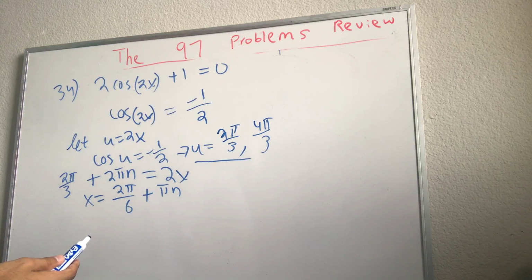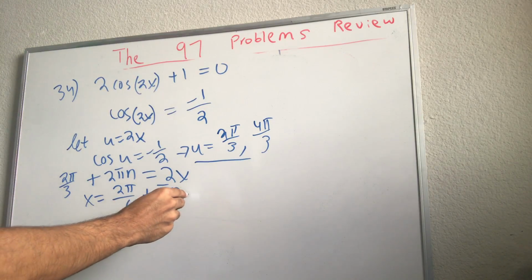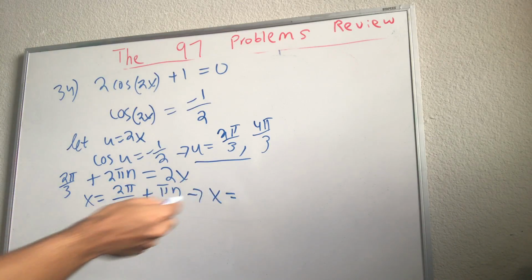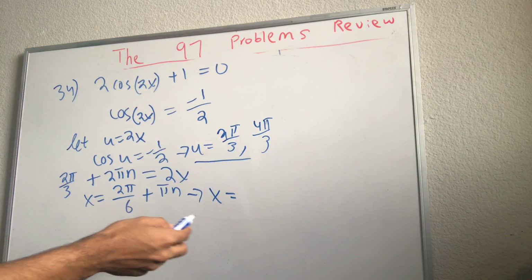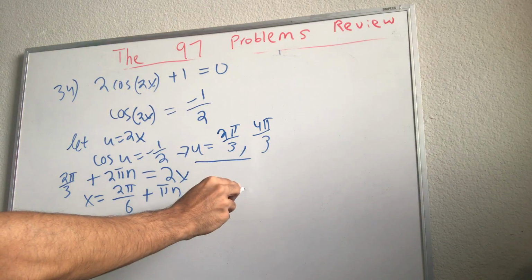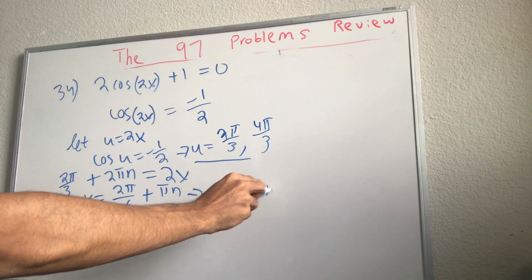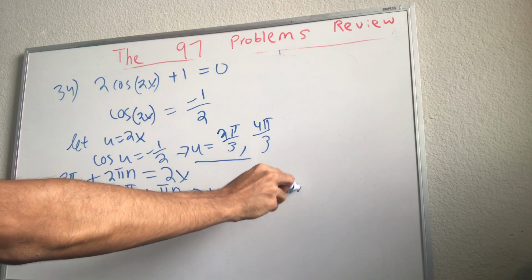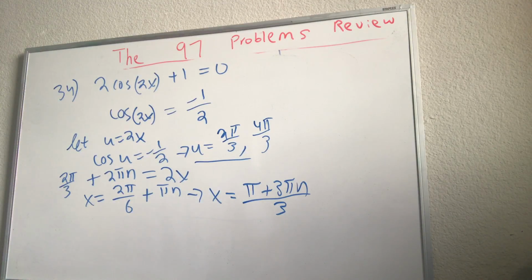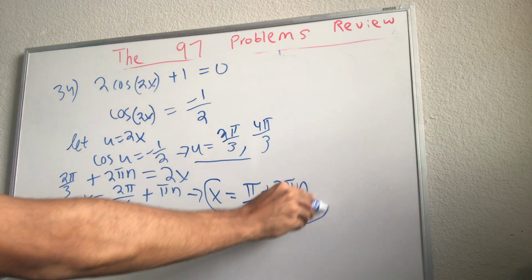So x is pi over 3 plus pi n. We can use a common denominator of 3, so that's pi plus 3 pi n, divided by 3. That is the first equation we're looking at.